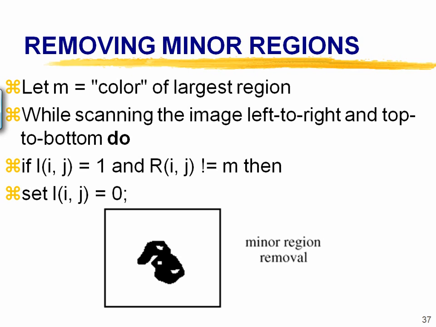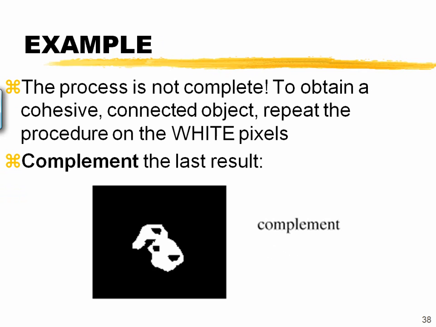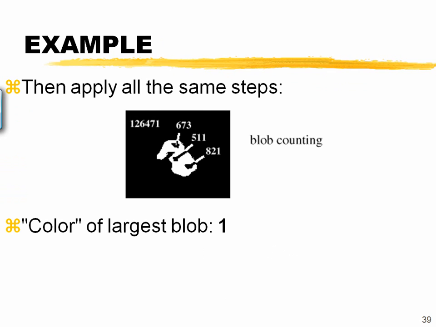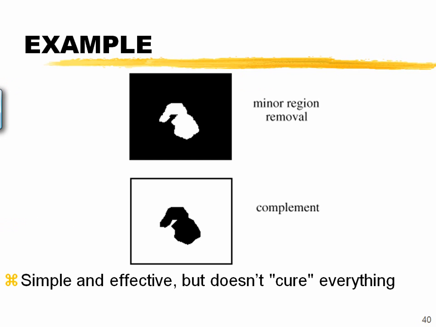So if I do the inverse, do blob coloring, get rid of all the small ones and take an inverse again, I get the filled object. That is a filtering operation as a byproduct of blob coloring. I find the largest colored blob, which would be the background, do minor region removal, take the complement, and I get the full object. So that's another application of simple blob coloring.